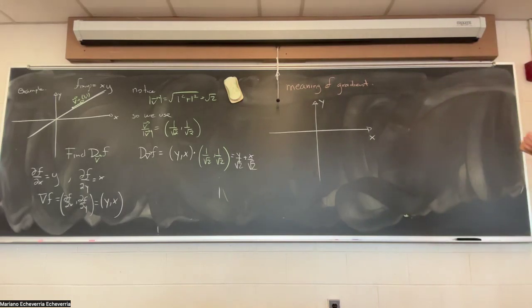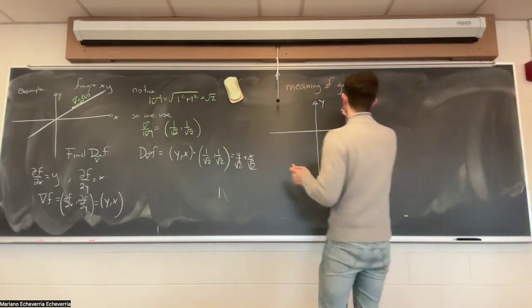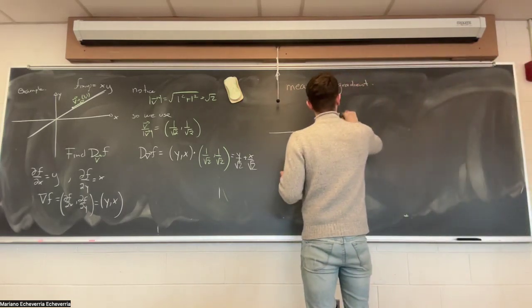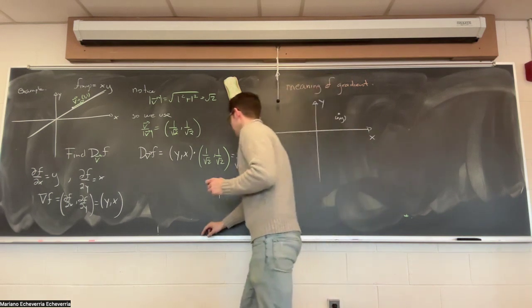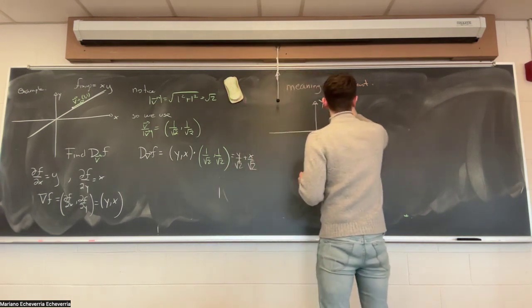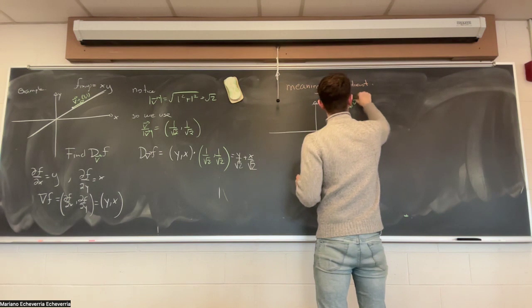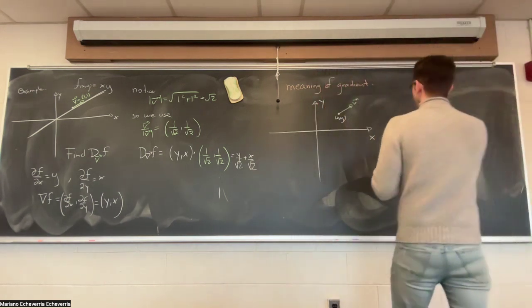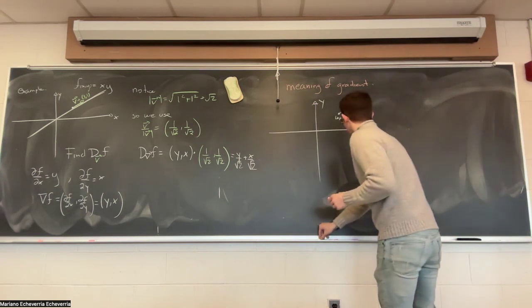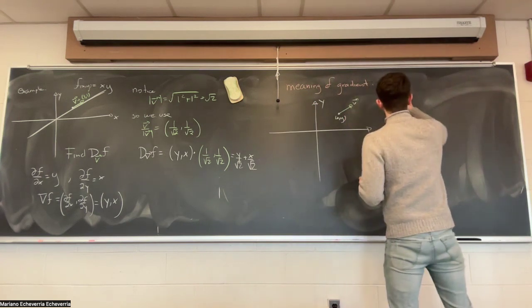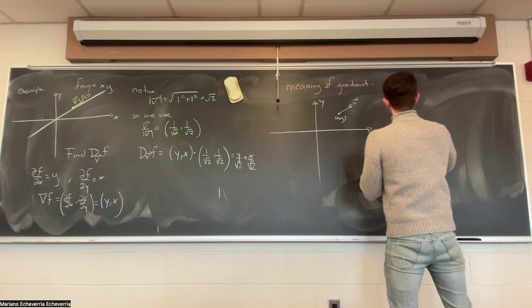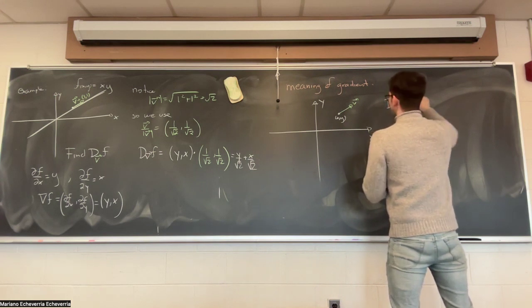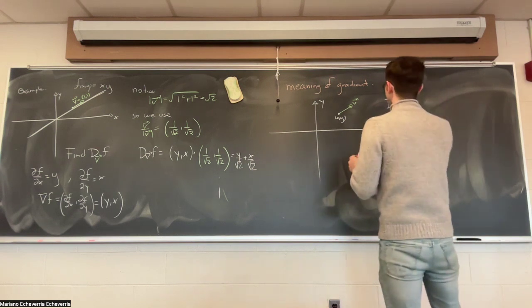So what I have been telling you is that if you are at a particular point, you want to move in the direction of a vector v. And the directional derivative of the function in that direction, because of what we were discussing, is just the dot product between the gradient and the vector.